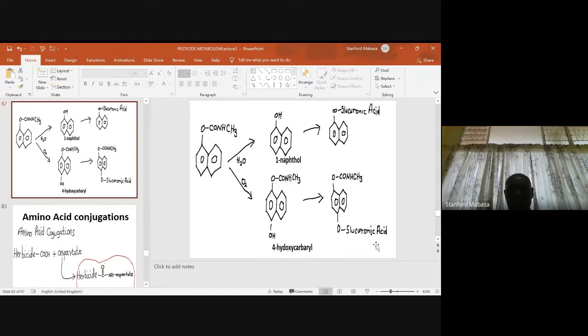We can also have, this is the carbaryl. Now, carbaryl, because we are having this process inside an animal, it can combine with the glucuronic acid to form this bit here.